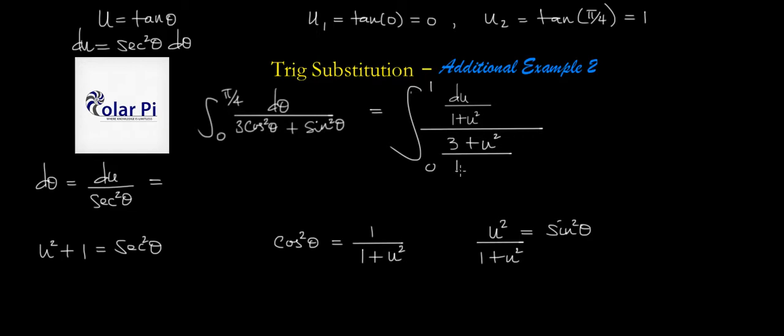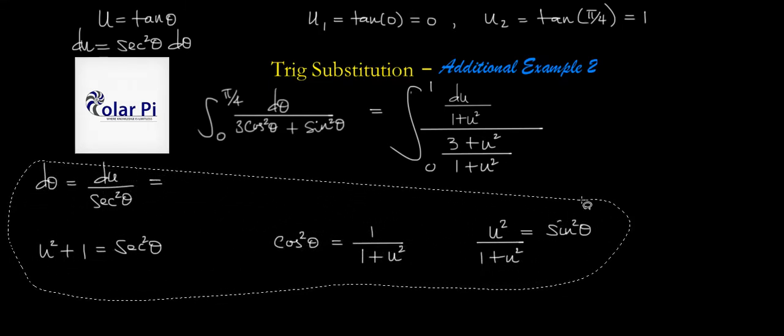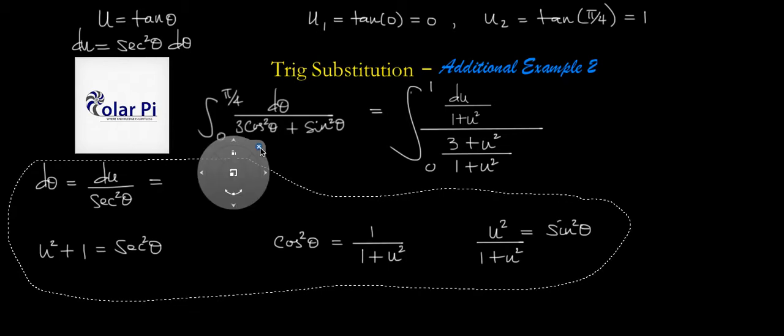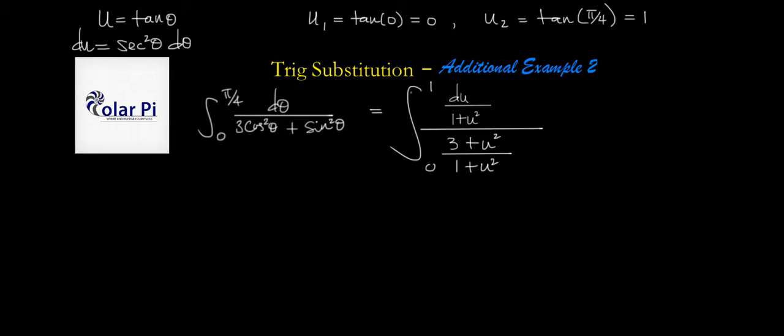Okay, it's pretty clear what we're going to do next. Delete this first. What we're going to do next is clearly this. And then next is the integral from 0 to 1 of du divided by 3 plus u squared.